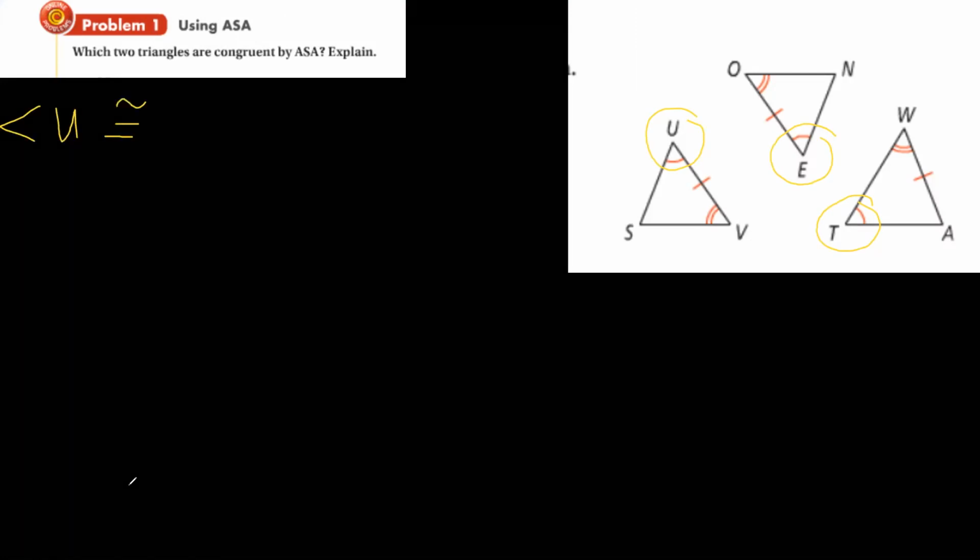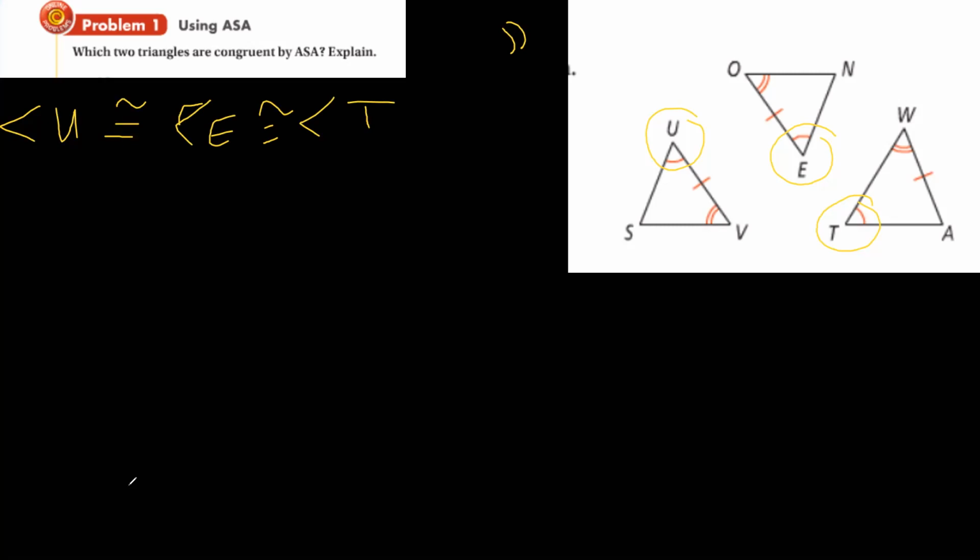They are the same in U and E and T. So I will say that angle U is congruent to angle E, and also to angle T. All three angles are congruent, since they have the same congruent mark.